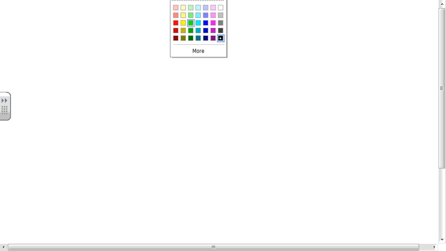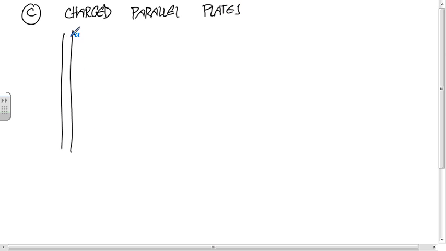And then the last type is C, the charged parallel plates. So if this is the positive one, and this is the negative one, what direction do the field lines go?